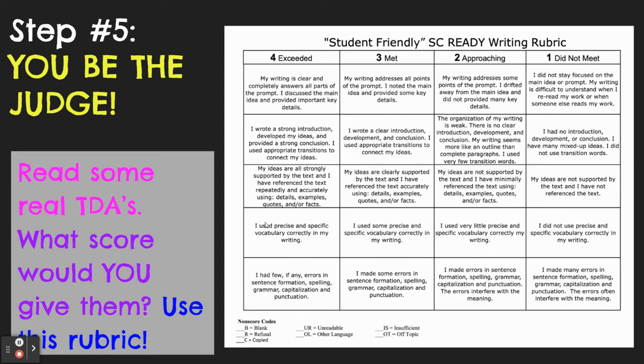Now, a 3 means it met. Yes, it met all of the qualifications that you should have. It has all points, the whole prompt is answered. There's a clear introduction, a clear body with some development and some evidence and analysis, and a conclusion. There's transitions.